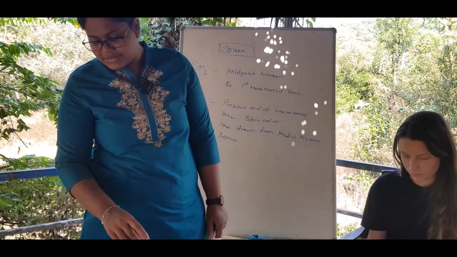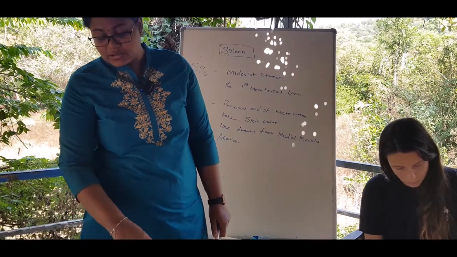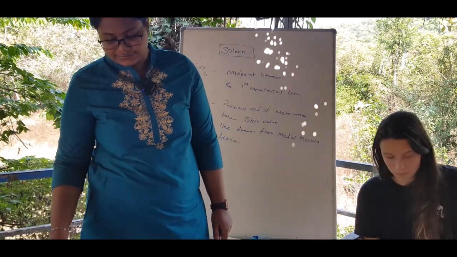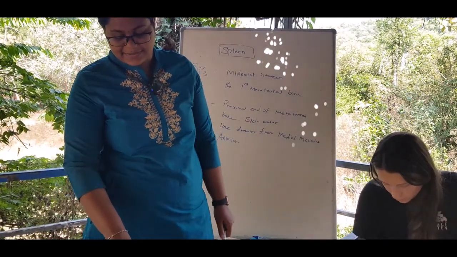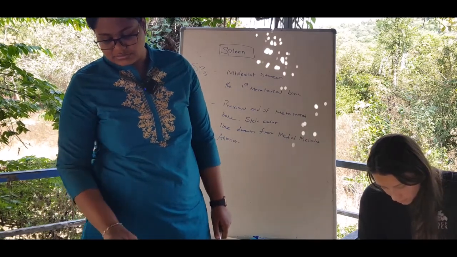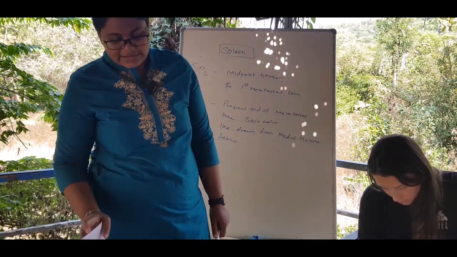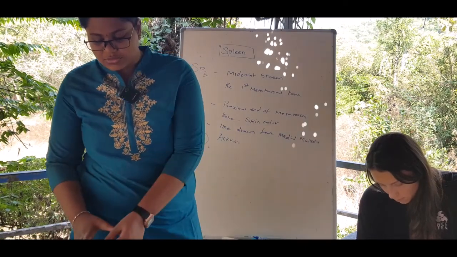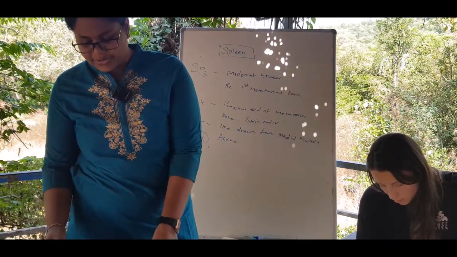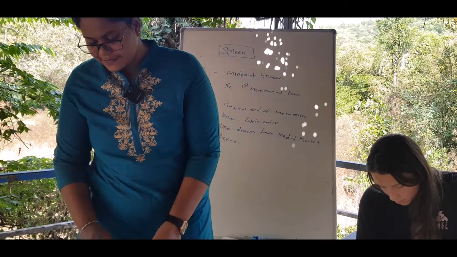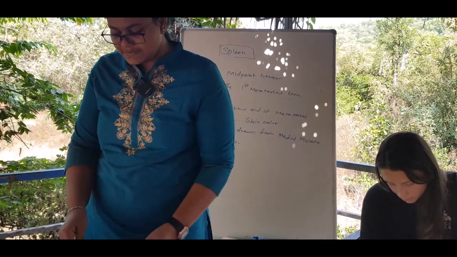Now we will see the yin heel vessel, an extraordinary meridian. From the extraordinary meridians, yesterday we saw the belt vessel, no? Like that, today we are going to see the yin heel vessel.